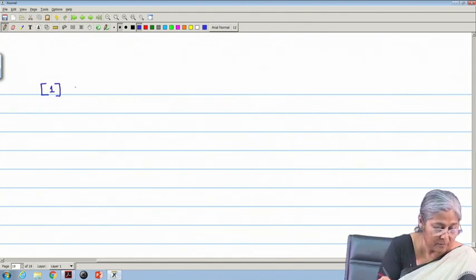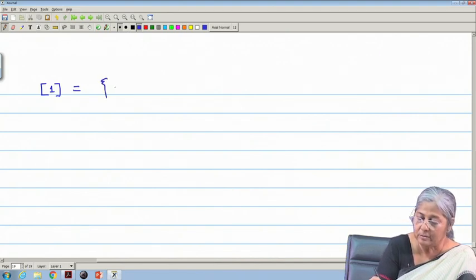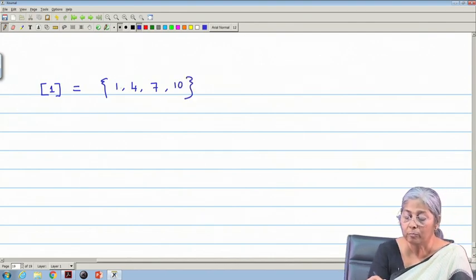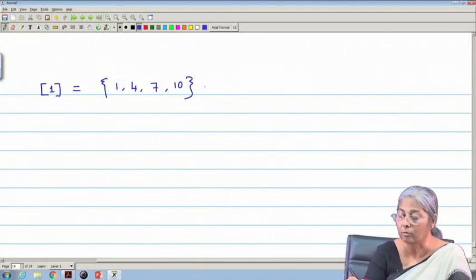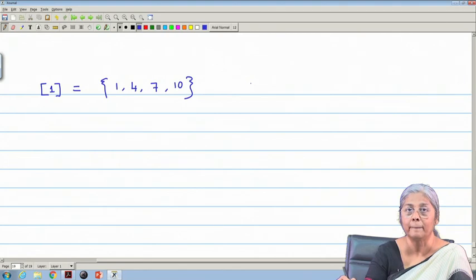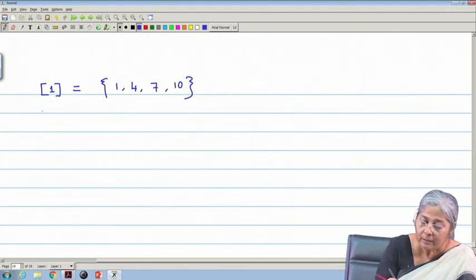Then [1] will be the elements 1, 4, 7 and 10, because 4 minus 1, 1 minus 4, 7 minus 1, 1 minus 7, 10 minus 1, 1 minus 10, these all will be divisible by 3. Similarly, what will be my [2]?